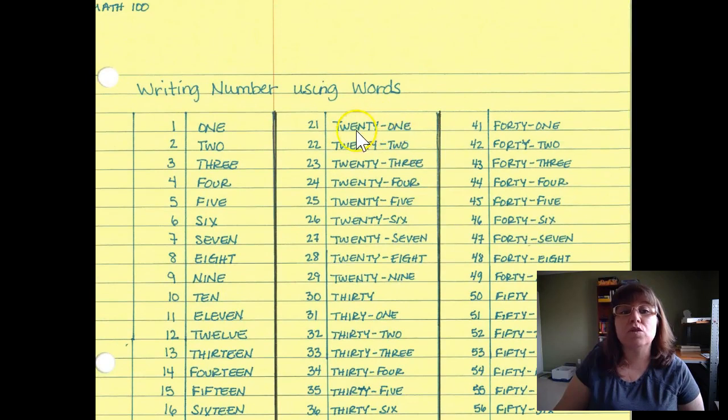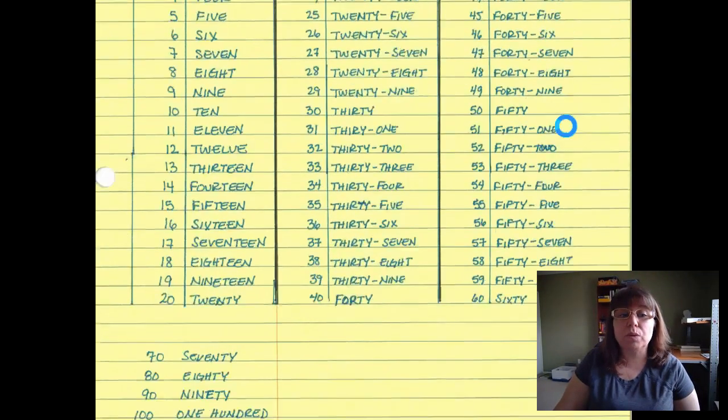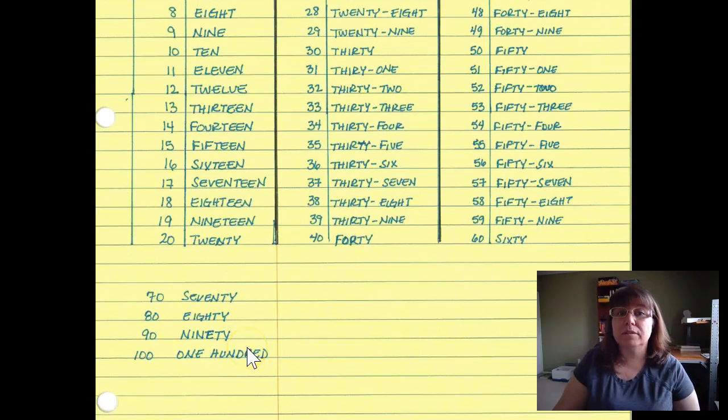Then we get to 21. There is a hyphen in it. 22, 23, 24, 25, all the way up to 30. Then again at 31, 41, 51, 61, all the way through 100. Okay, so 99 has a hyphen in it.